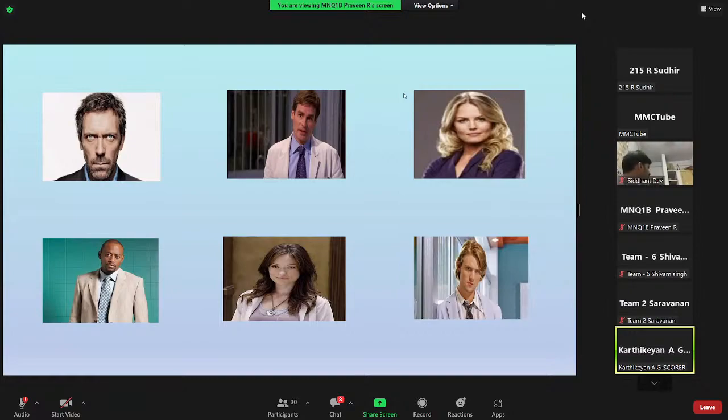And in the 3rd place, we have Team 2, also a team from JIPMER with 600 points. In the 2nd place is Team 6 with 620 points. And with the 1st place and winning this quiz is Team 1 from Madras Medical College, 665 points. So are we clear with this?